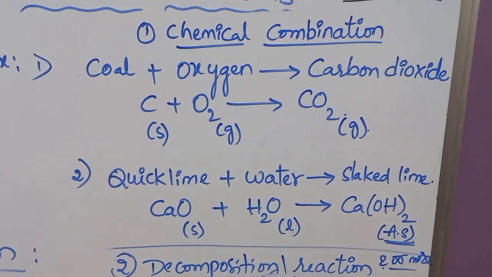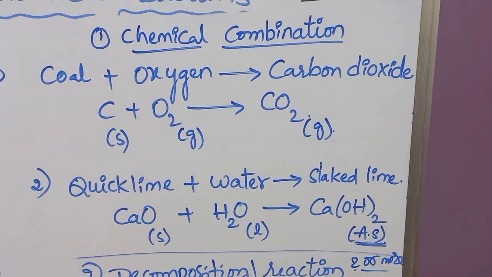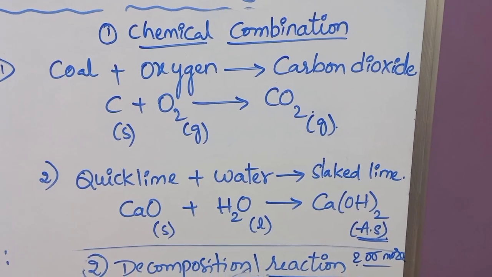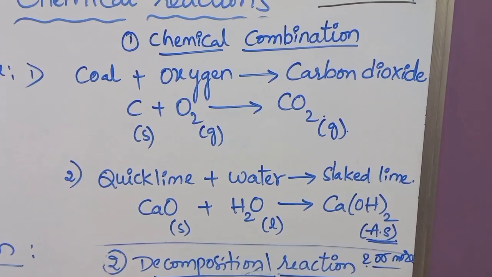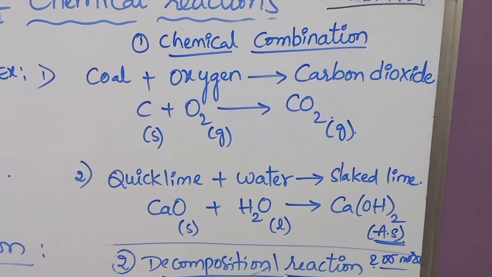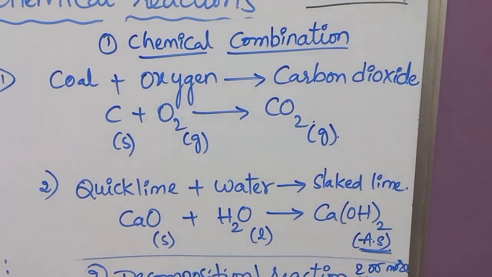Here the 2 reactants are coal and oxygen, whereas the product is carbon dioxide. So always remember that there is a formation of only a single product from 2 or 3 reactants. Then only it is called chemical combination.